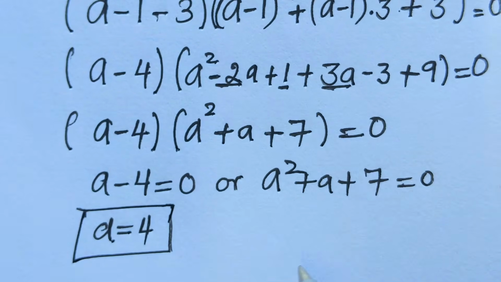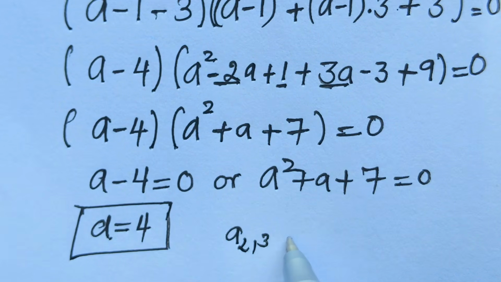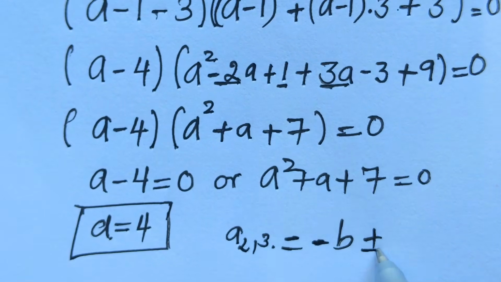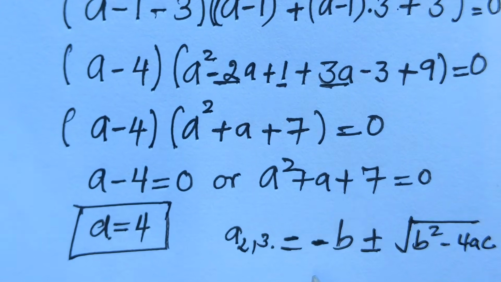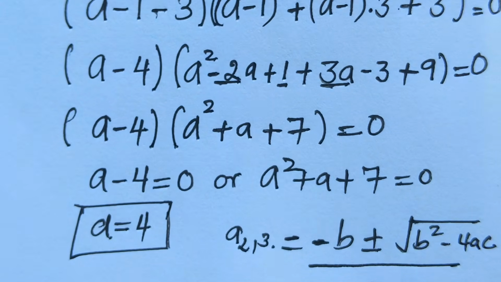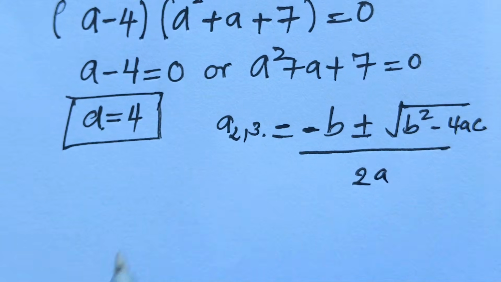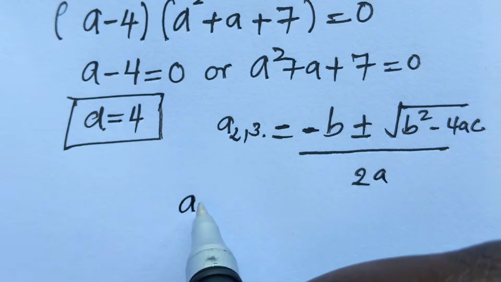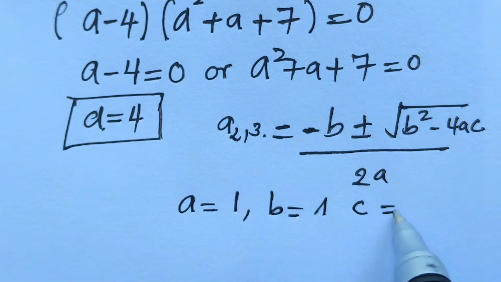This is a1, whereas for this quadratic equation we are going to find a2 and a3 using the quadratic formula: negative b plus or minus the square root of b squared minus 4ac, over 2a. So we have a equals 1, b equals 1, and c equals 7.